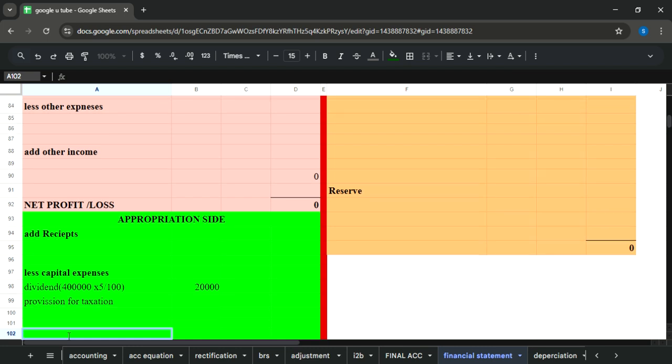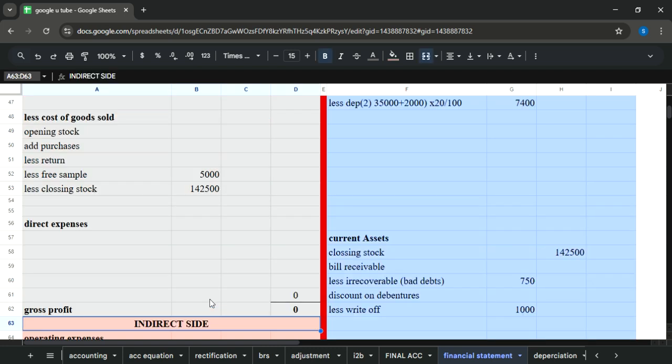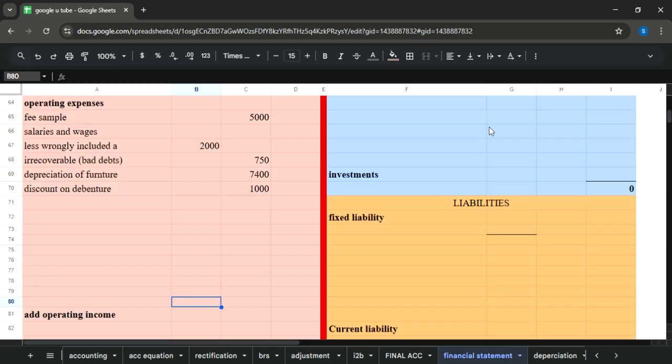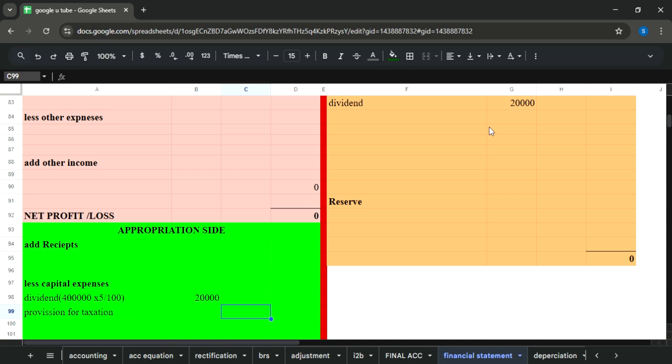Provision for taxation is part of appropriation and now we will see how much amount of provision for taxation. 8,000, just mention 8,000 in appropriation side and then you will go to liability side and provision for taxation would also be mentioned over here while its amount was 8,000.